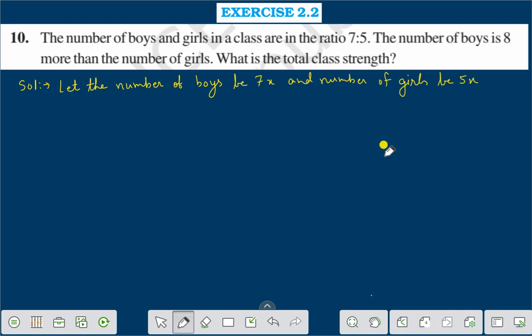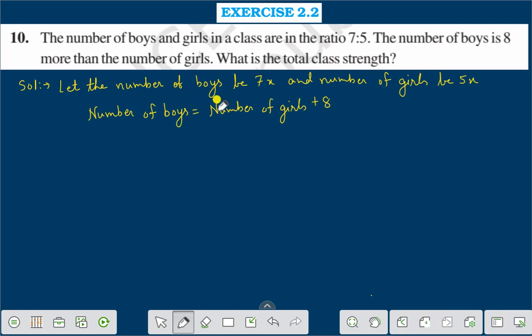Therefore we can say, according to the given question, the number of boys is equal to the number of girls plus 8.